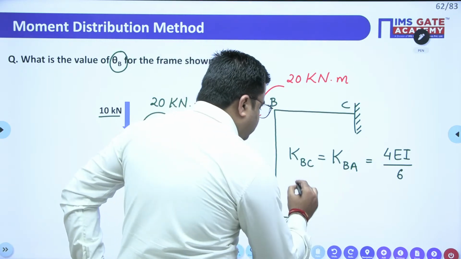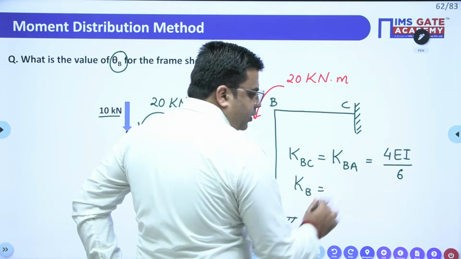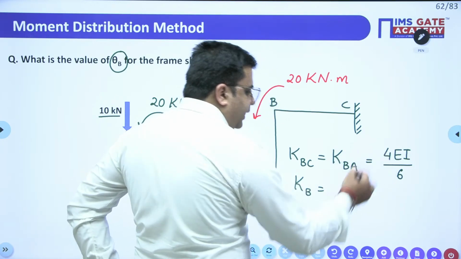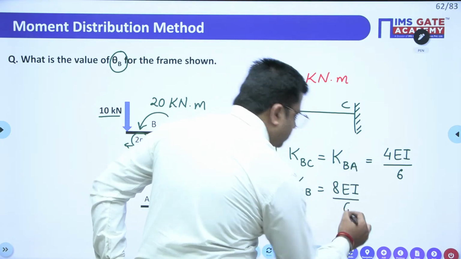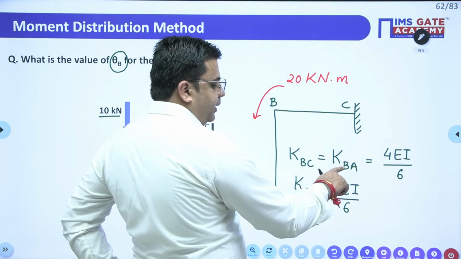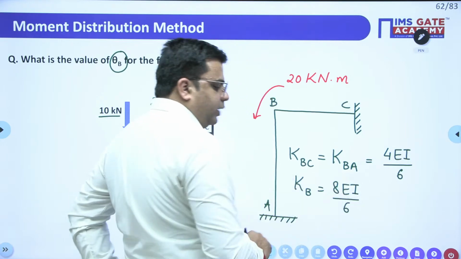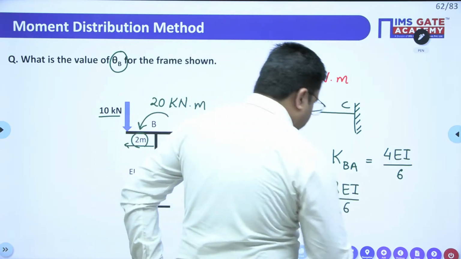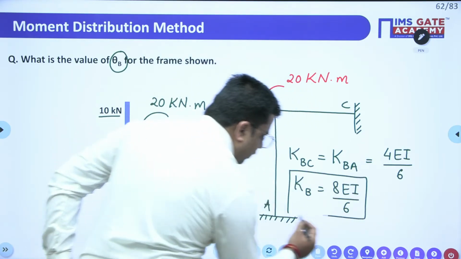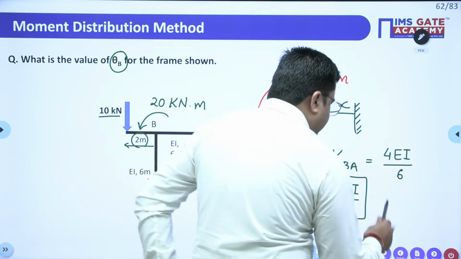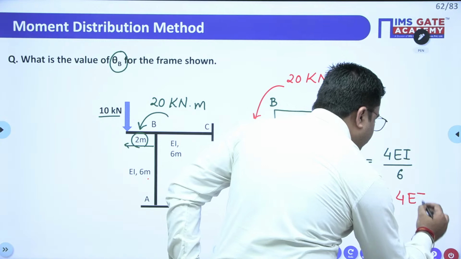So the total stiffness of the joint B is adding it twice, that will give us 8 EI by 6. Since KBC and KBA are the same, 4 EI by 6 plus 4 EI by 6 equals 8 EI by 6. This can be further reduced to 4 EI by 3.